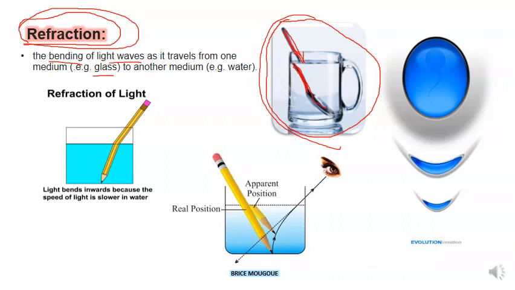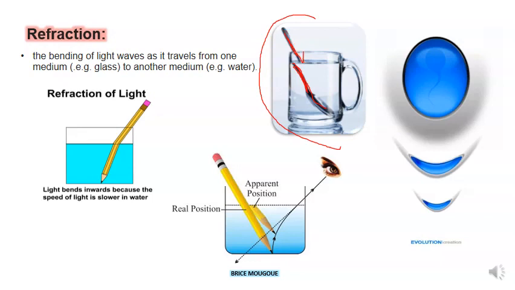If I should ask you, can light pass through glass? The answer is yes. Can light pass through clear water? The answer is yes. Can light pass through air? The answer is yes. Now I've mentioned three things: glass, water, and air.